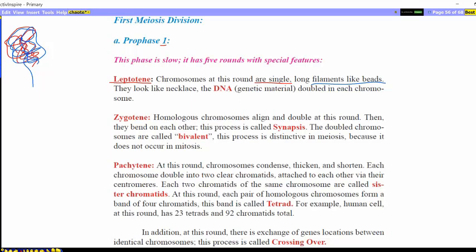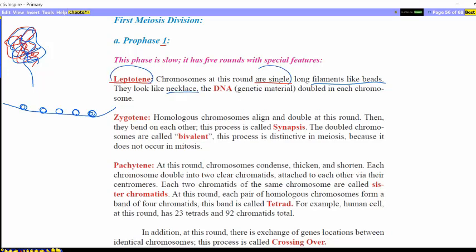But in the leptotene stage, we said they look like a necklace. That's because the chromatin network extends, coils around a protein, extends again, coils, extends, coils. In that way it looks like a necklace, in which stage? The leptotene stage.